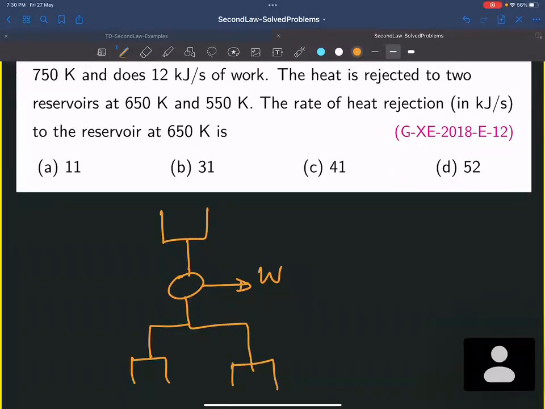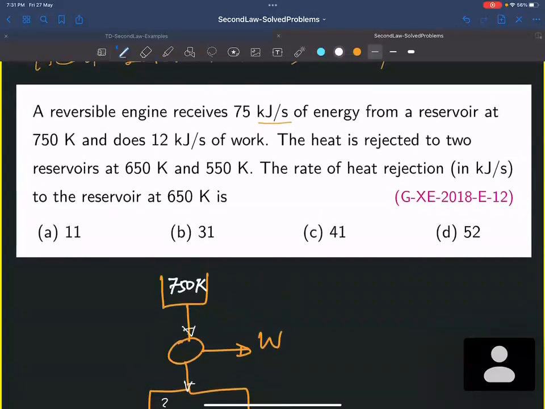Okay, I'll represent the available data. So we have a source at 750 Kelvin and sinks, one at 650, another at 550. We want to find the amount of heat rejection to the reservoir at 650. We want to find this.